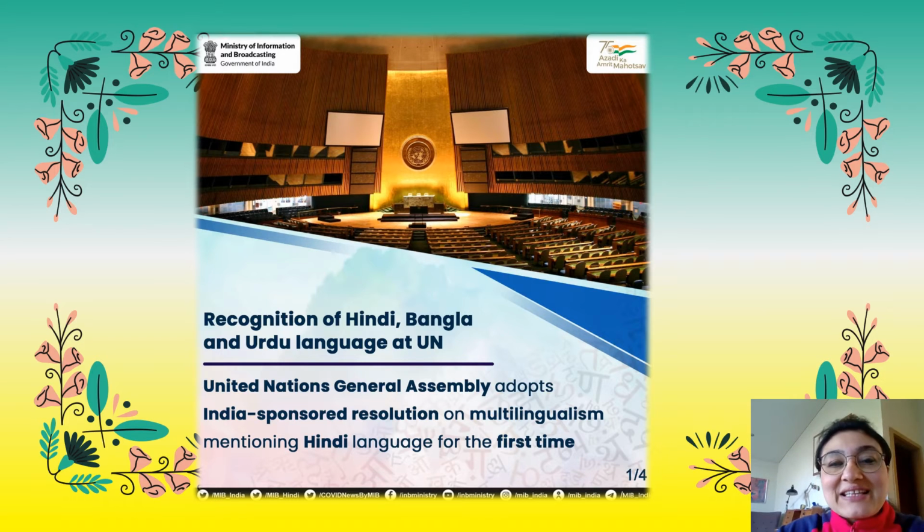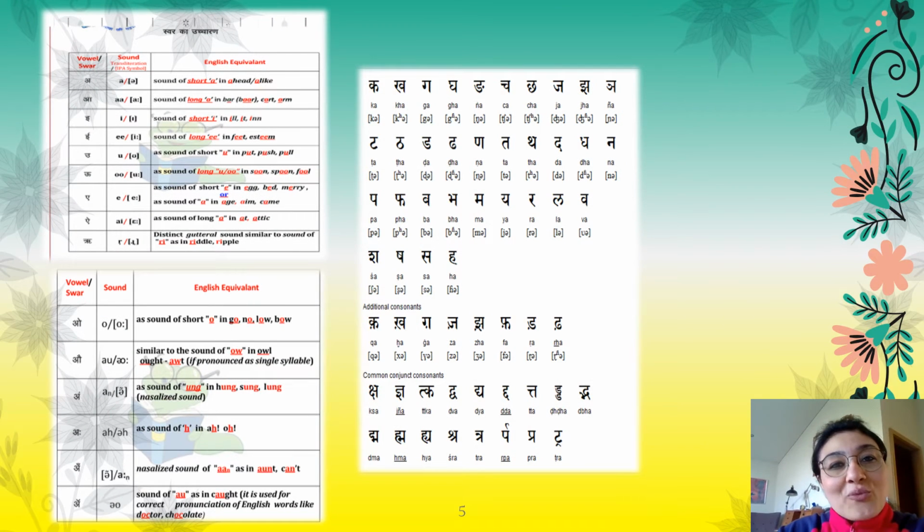The structured details are of course mentioned on the university website, but I would like to keep you informed that during this journey of learning Hindi for beginners, we shall be using Roman transcription, as you can see on the screen, along with Devanagari, which is the script for Hindi.